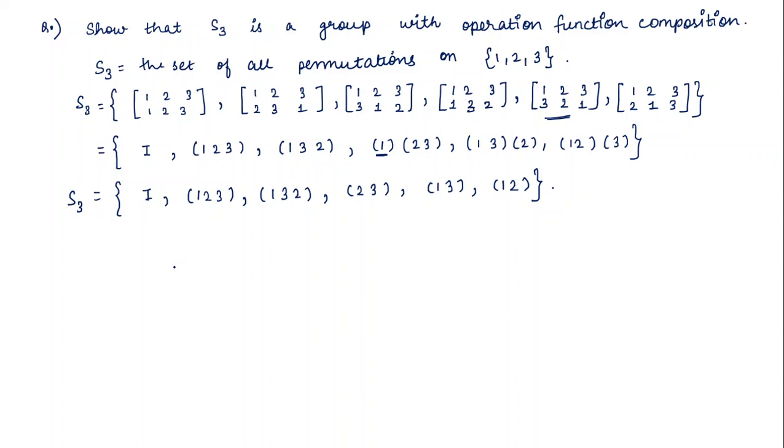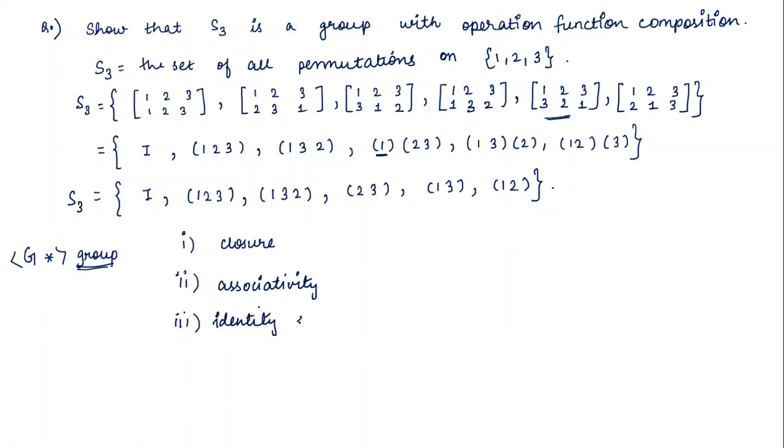For that, if we want to show that a set G with some operation star is a group, then we have to show that it satisfies the closure property, associativity, that the set has some identity element with respect to the binary operation defined, and that every element in the set has an inverse.